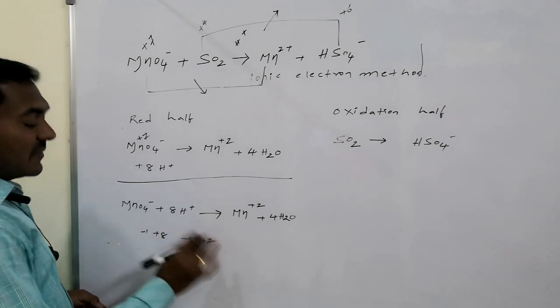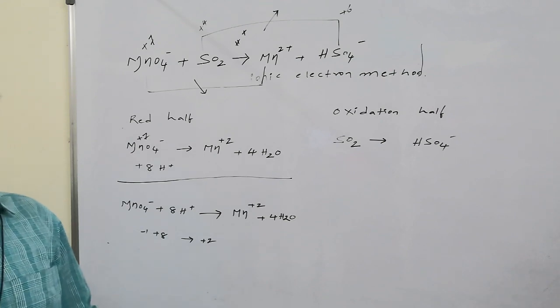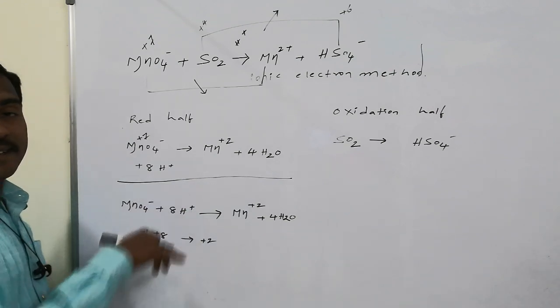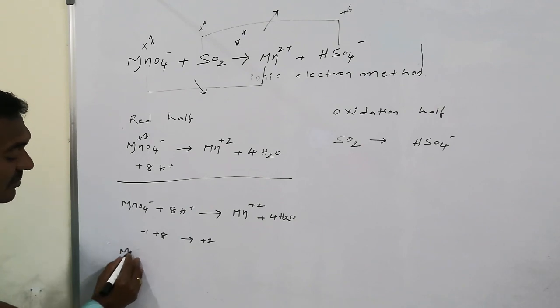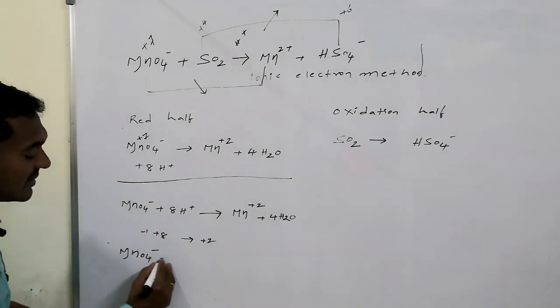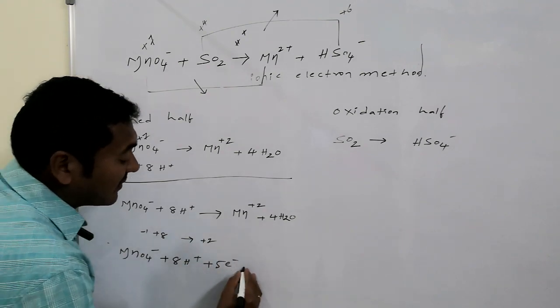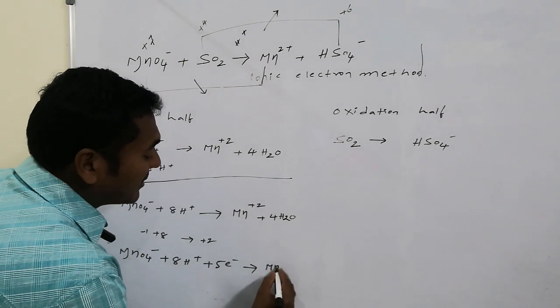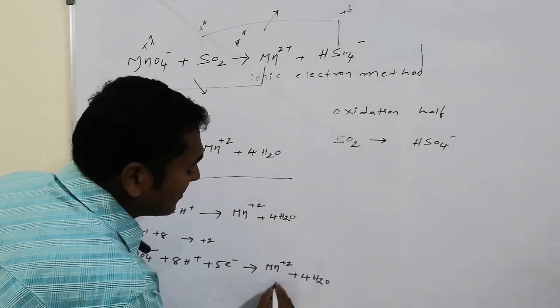This +7 is converted to +2, that is, +7 units of charge is converted to +2 charge, which is possible when it takes 5 electrons. Therefore the net balanced equation becomes MnO4 minus plus 8H plus plus 5 electrons converted to Mn2 plus plus 4H2O. This is equation number 1.